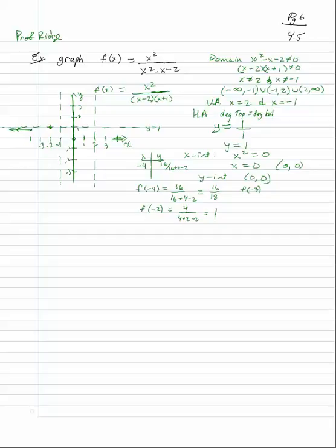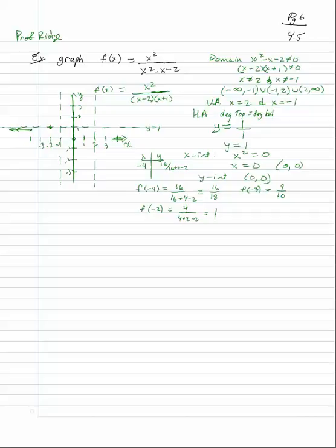So f of negative 3 is 9 over 9 minus 3. Actually, it's easier to put it in the factored form. So we get negative 5 times negative 2 is 10. Nine plus 3 is 12, minus 2 is 10. Yep, 9/10.